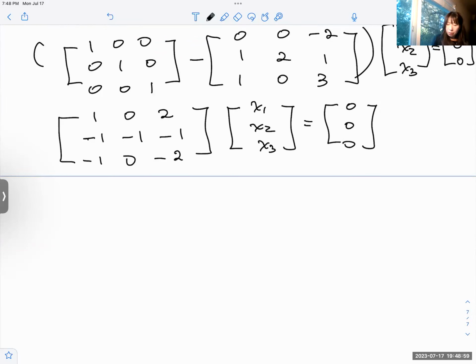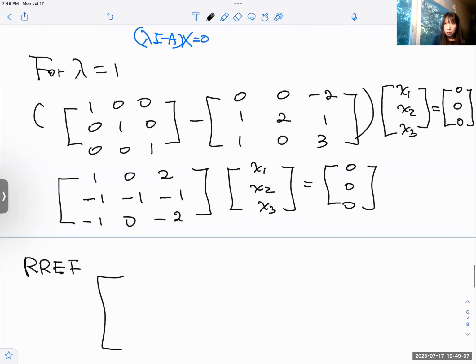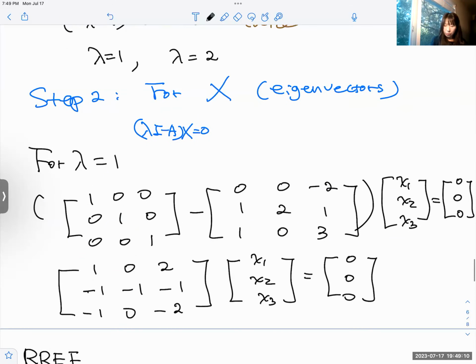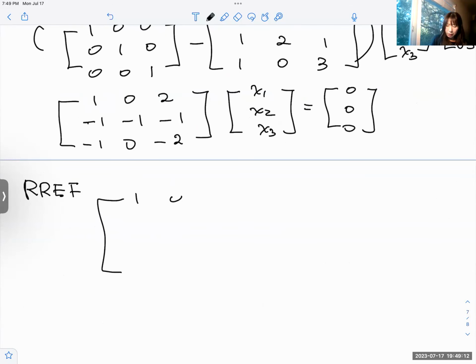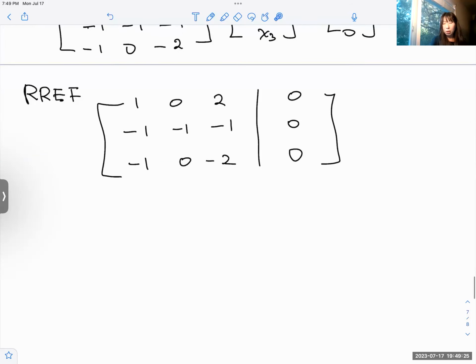Okay, so let's make a RREF, right? Can you go back for a sec, please? Okay, we have 1 0 2 negative 1 negative 1 negative 1 negative 1 0 negative 2.